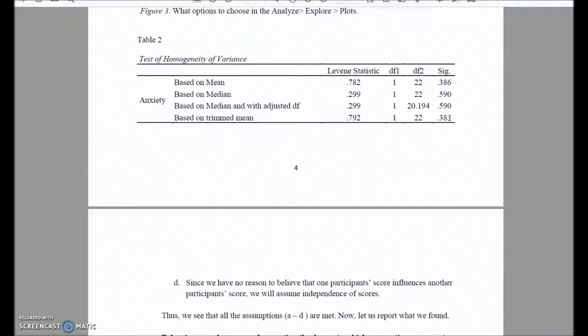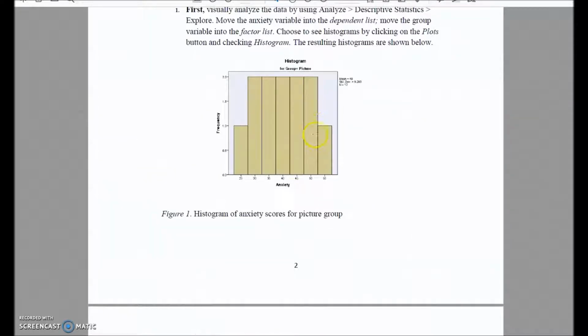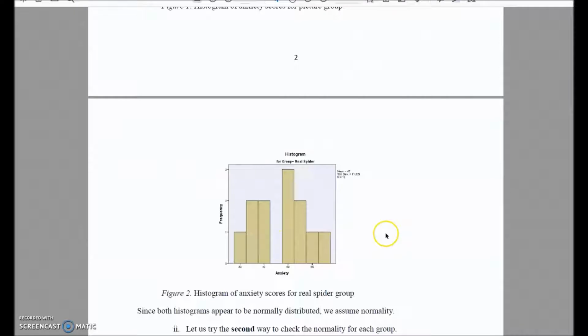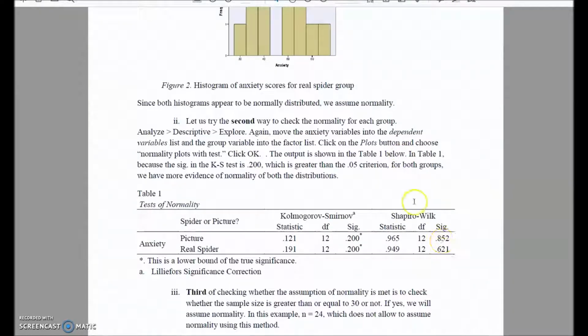Okay, so look at it this way. We have 4 assumptions. We have the normality assumption, where one of the histograms looked like a normal distribution, but the other really did not. When we checked whether there were more than 30 participants, there were not, but the KS test showed that the significance was greater than 0.05. So yes, it is normal.